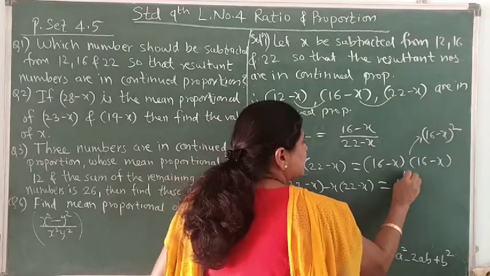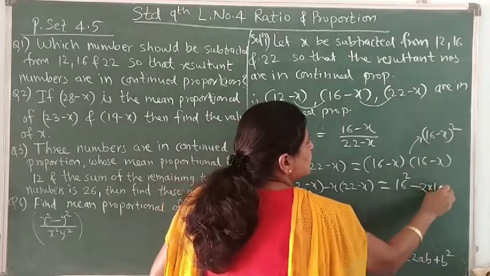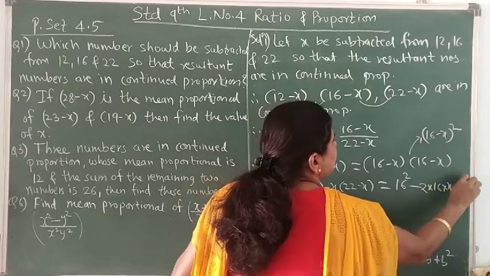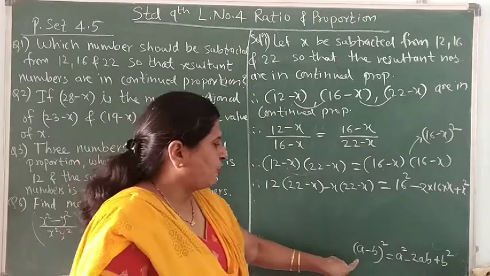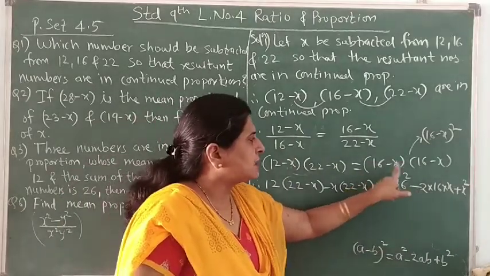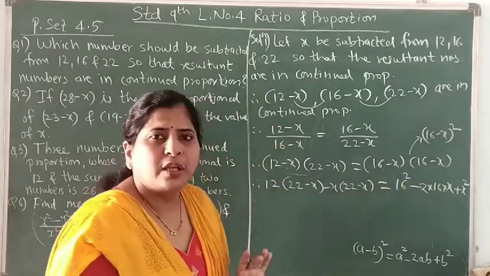So you write 16 square minus 2 into 16 into x, and then plus b square, that is plus x square. You can use this identity, or you can multiply 16 to this bracket and minus x to this bracket on the left side.